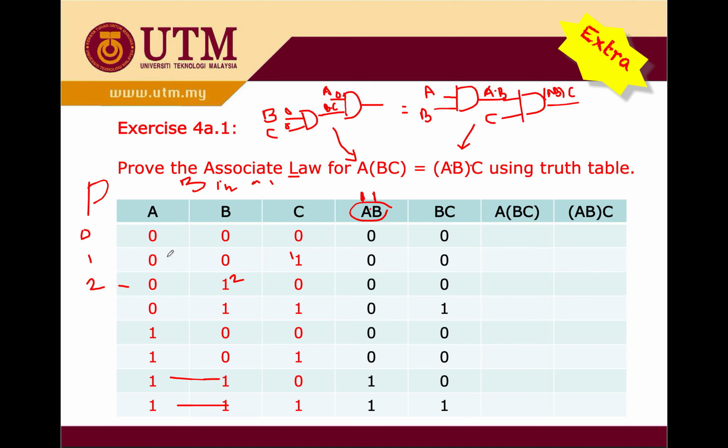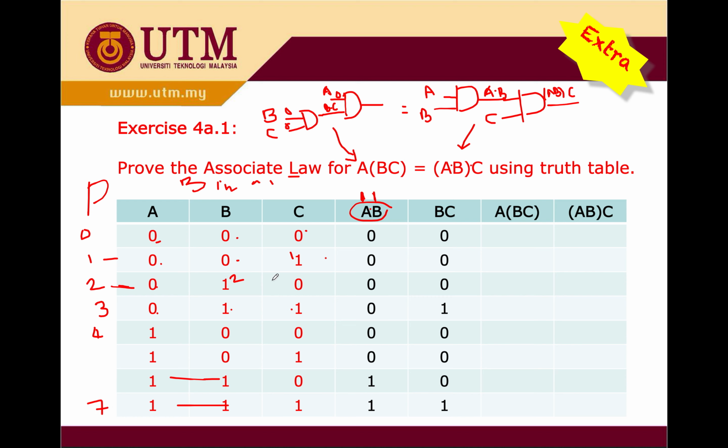Where is your binary? This one: 0, 0, 0, and 0, 0, 1 is binary which represents 1. 0, 1, 0 represents 2. 0, 1, 1 represents 3. 1, 0, 1 represents 5, until you have over here 7, which is 1, 1, 1.